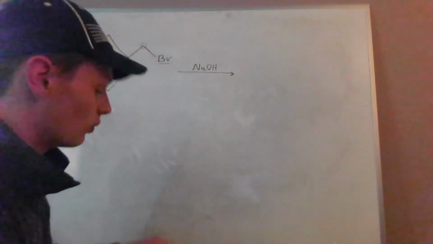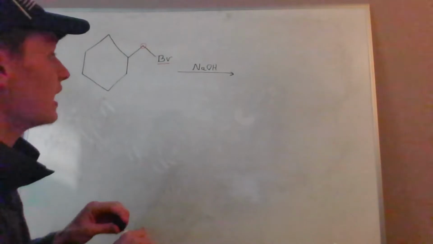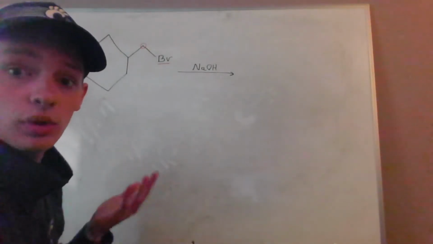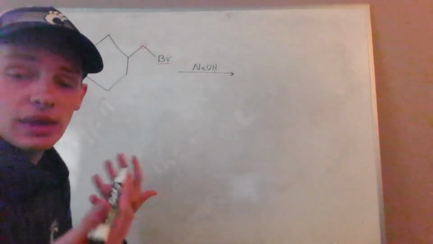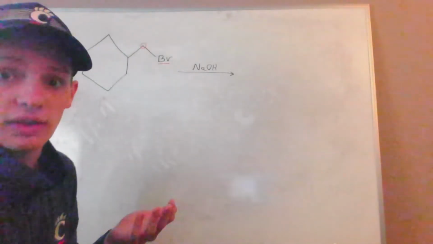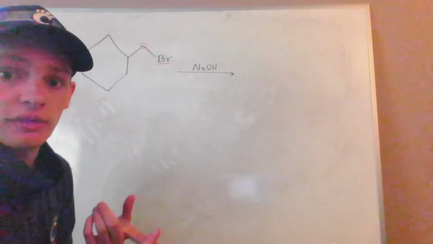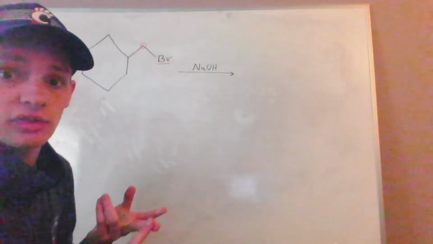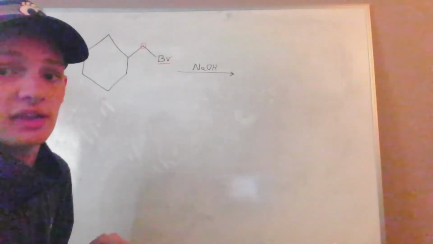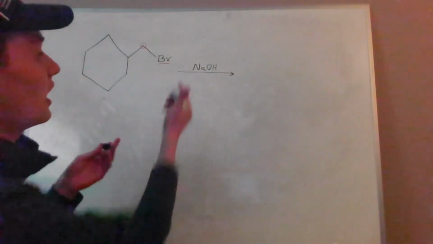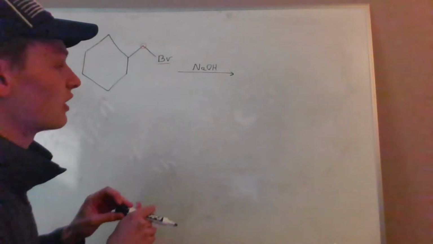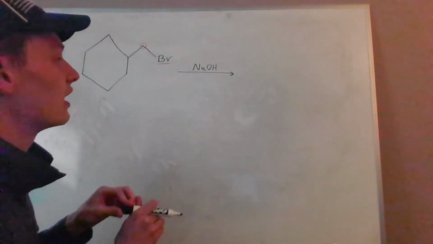Now, what is going to happen next? Now we have to look at our reagent. What are we reacting it with? And then we have to ask ourselves the question, is it a strong nucleophile, or is it a strong base, or is it some sort of combination? So obviously we have NaOH, sodium hydroxide, and it's going to be broken up into its ions.